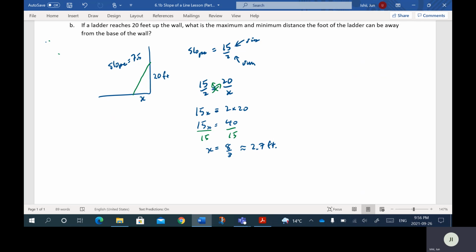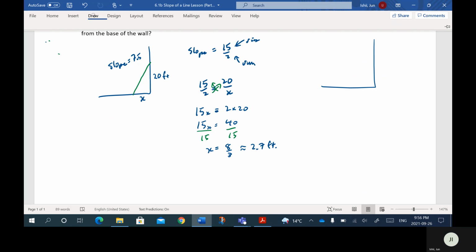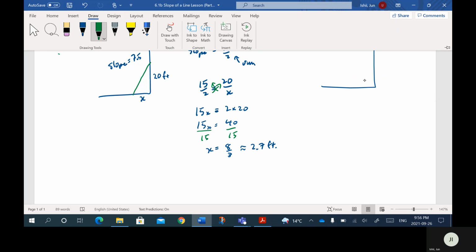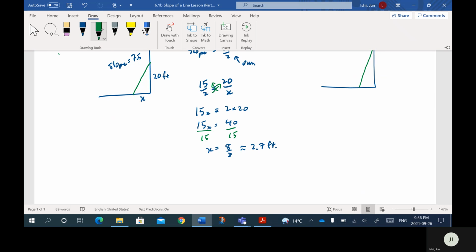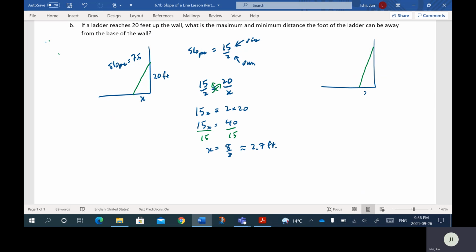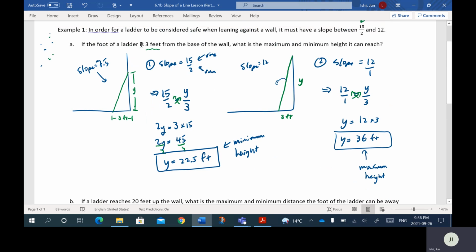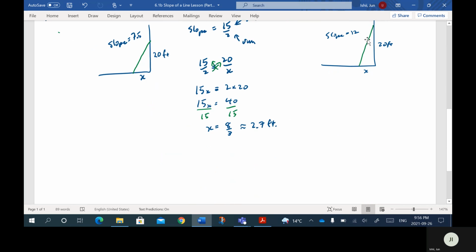So the other option of the situation here is to get a steeper ladder. Again, this is what we're trying to find, x, with a fixed height of 20 feet. This time my slope is equal to 12. Slope had to be between 15 over 2 and 12.